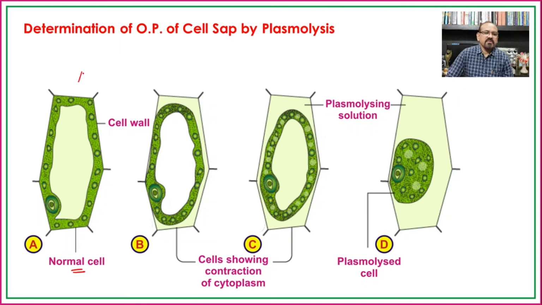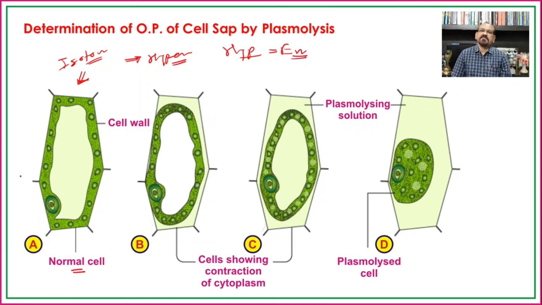If the cell is in a solution of the same concentration, that is an isotonic solution, there will not be any effect on the cell. But if it is kept in a hypertonic solution, then there will be exosmosis. If it is kept in a hypotonic solution, then there will be endosmosis.